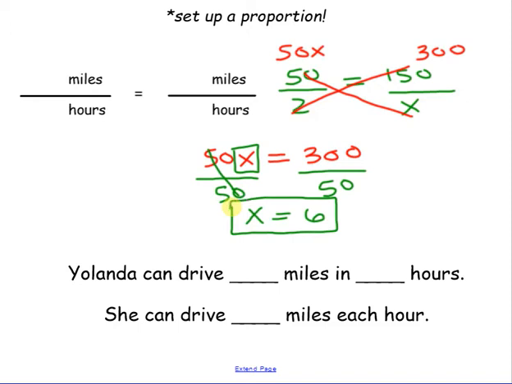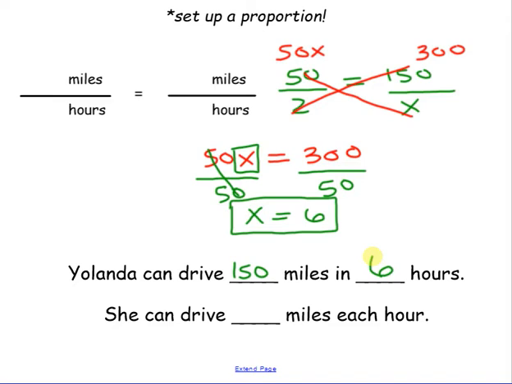But now let's put this all together. What does that actually mean? Well, it means that Yolanda can drive 150 miles in how many hours? That's what we were trying to find: 6 hours. Now the second statement there is, how many miles can she drive per 1 hour? There's two different ways that you can figure this out.